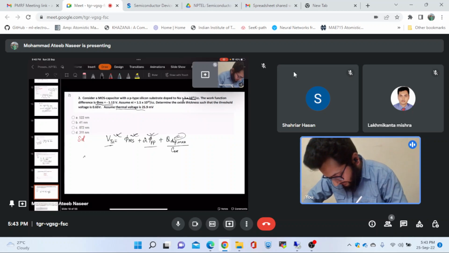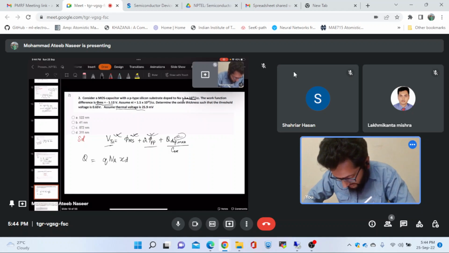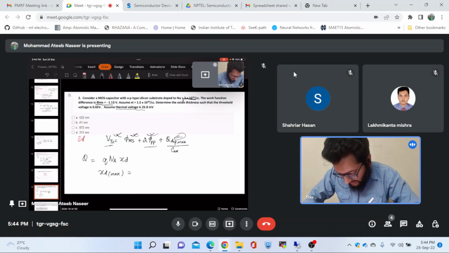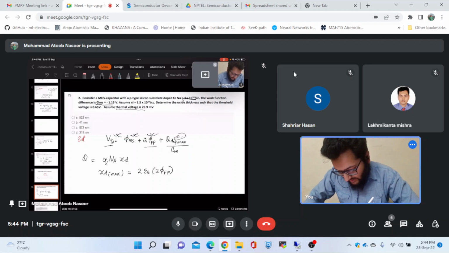So this Q dep, let me omit the subscripts, will be given by q times Na times xd, where xd is the maximum depletion width, and this will be the square root of 2 times epsilon s times psi s, but this psi s I have assumed the Fermi level has been pinned to 2 phi fp, divided by q Na.